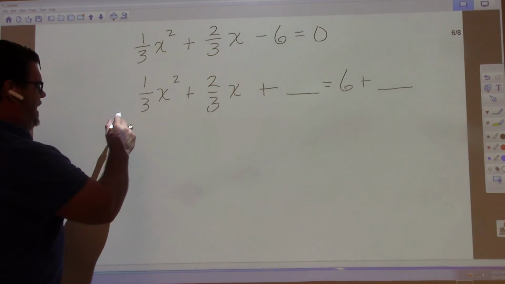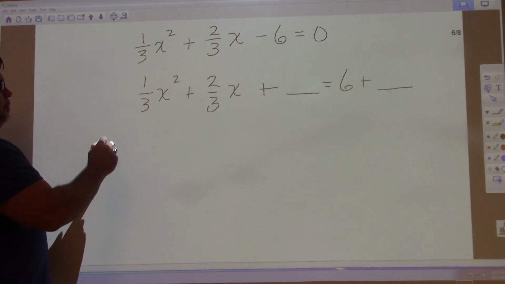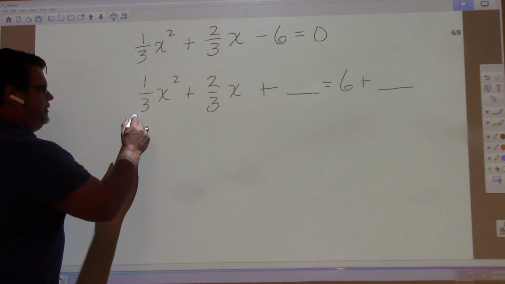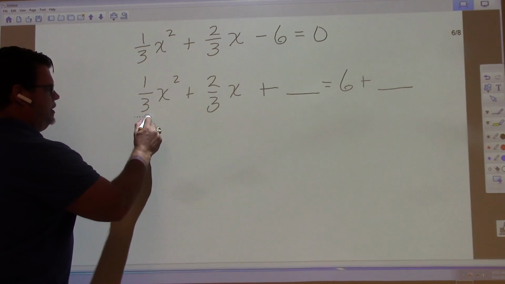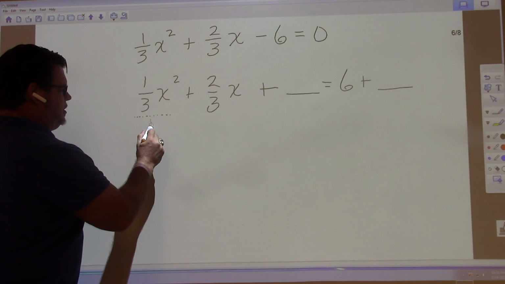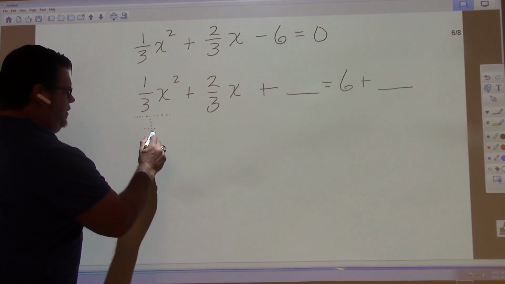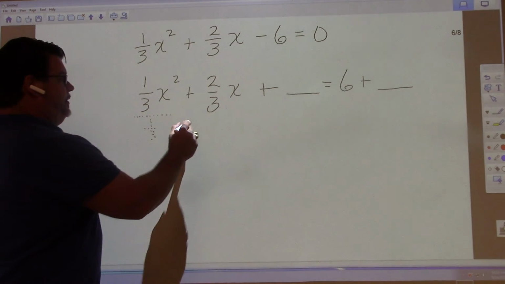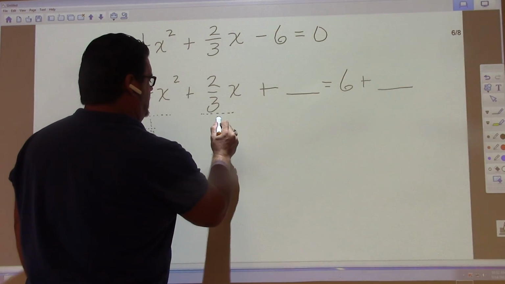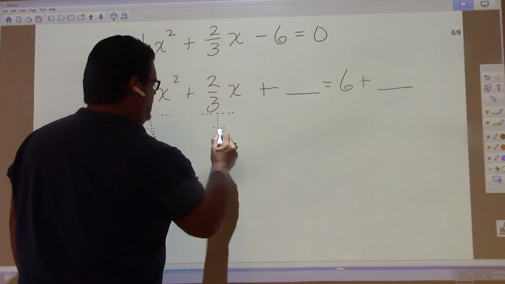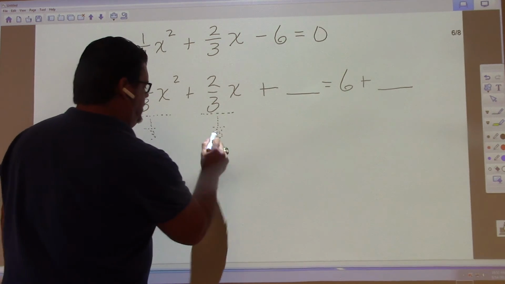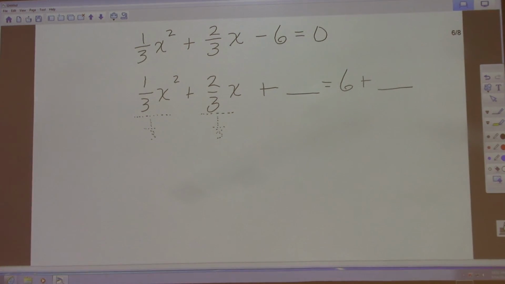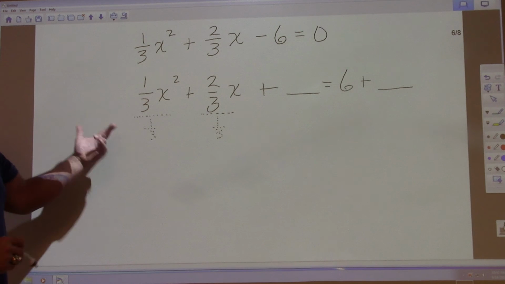All right, I'm going to factor out 1/3 here. But before I do, I'm going to do this, because what do you do when you factor? You divide. So I'm going to do that. Of course, 1/3 divided by 1/3 is 1.